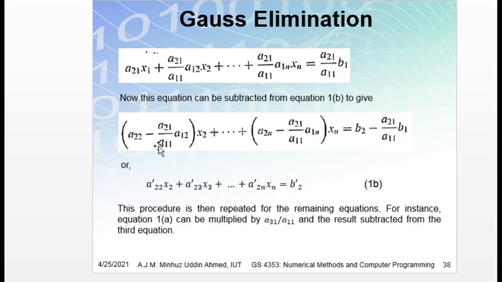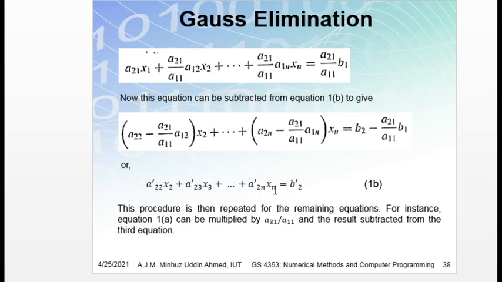For our convenience, we can say that the coefficient of x2 has been upgraded from a22 to a prime 22. That means one time this has been changed, and prime indicates that this has been changed one time. So this procedure is then repeated for the remaining equations.